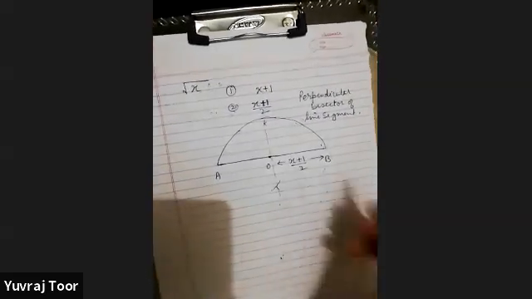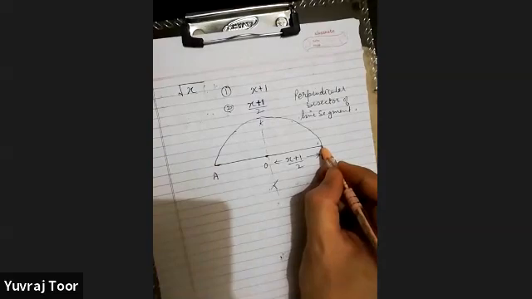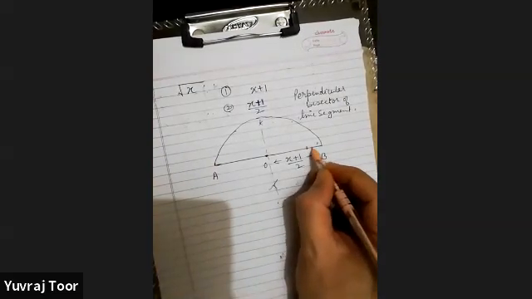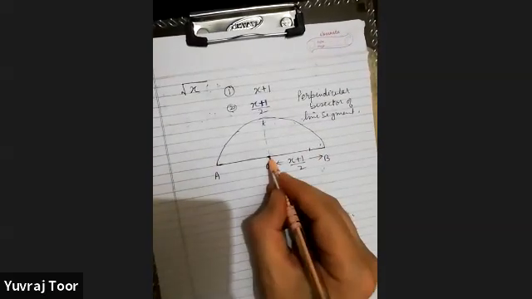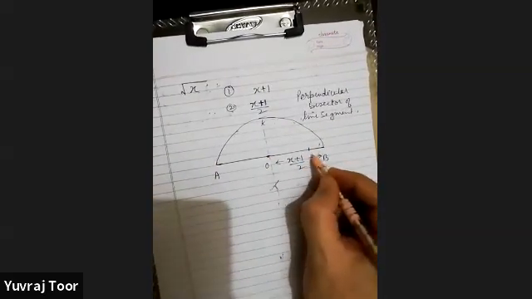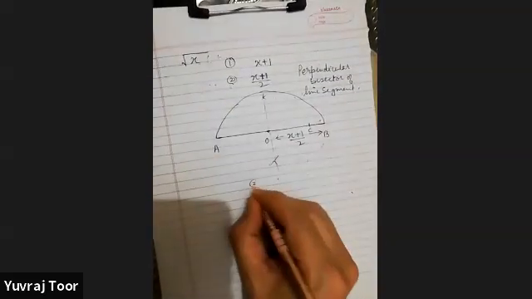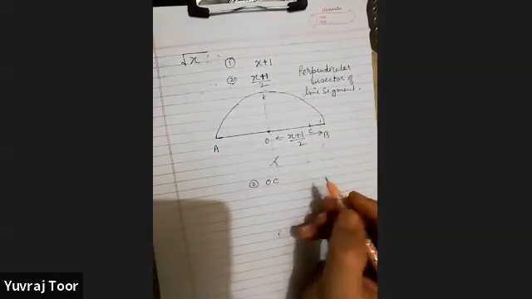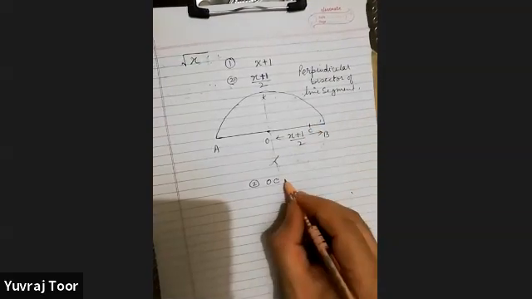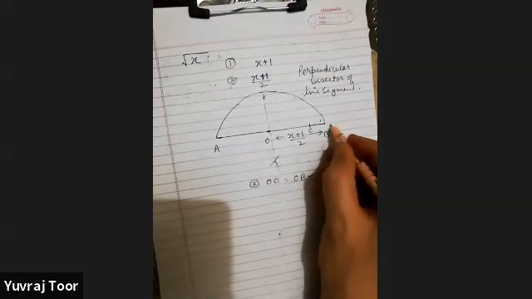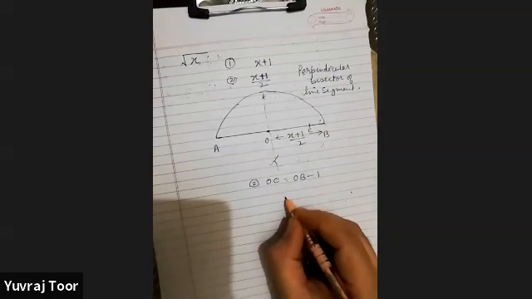After that, I asked you to move 1 unit or 1 centimeter in. So when you move 1 centimeter in, what is this OC? OC length is OB minus 1 centimeter, that is BC, 1.